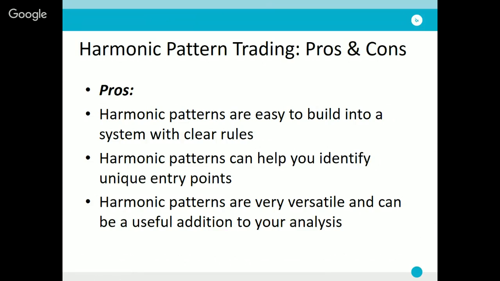So they get a setup that develops and they're not sure whether or not they should be taking it. Well, harmonic patterns are simple because we have these specific criteria that need to be met. You simply have a checklist. If the criteria are met, then you take the setup. If the criteria aren't met, then there is no setup. So that is one great benefit. Harmonic patterns are very clear in terms of the specific criteria for the setup, allowing you to systemize them.